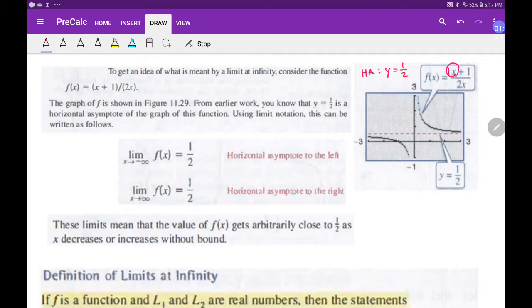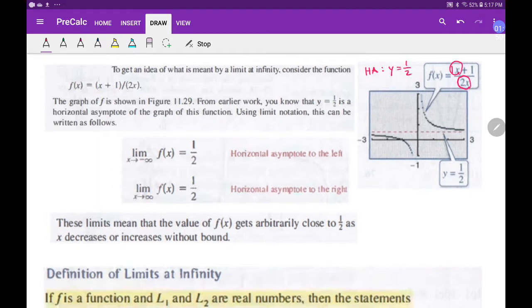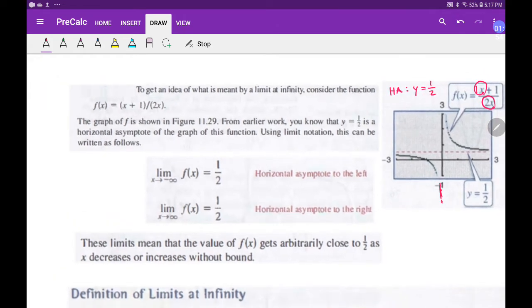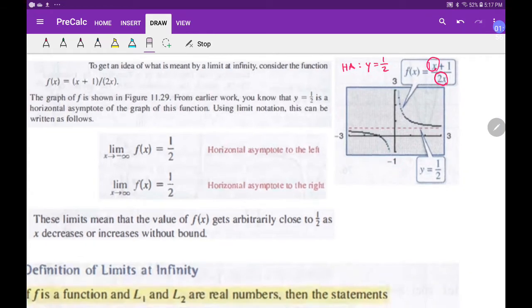The 1 wins big, and the 2 is very, very tiny because it's being multiplied by something very tiny, but it is negative. So now we're down here, very negative.